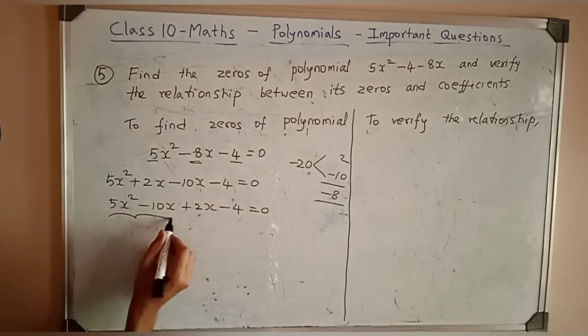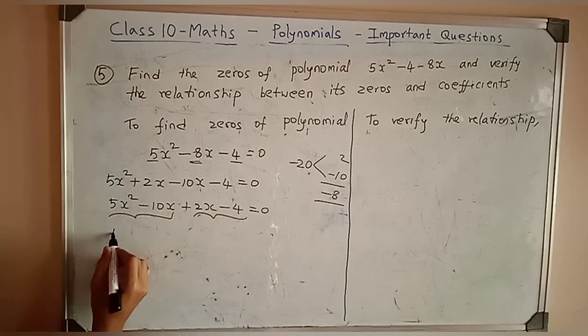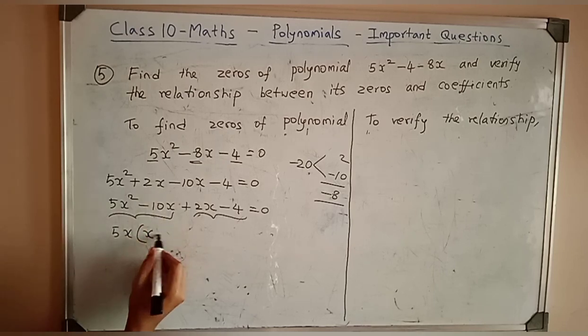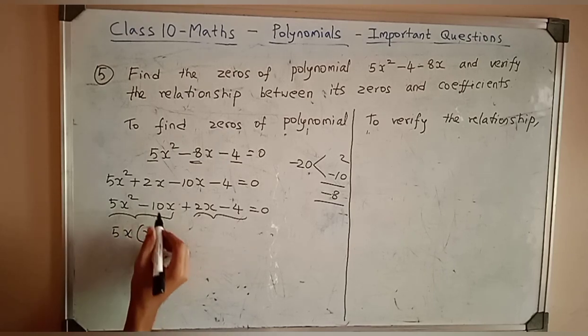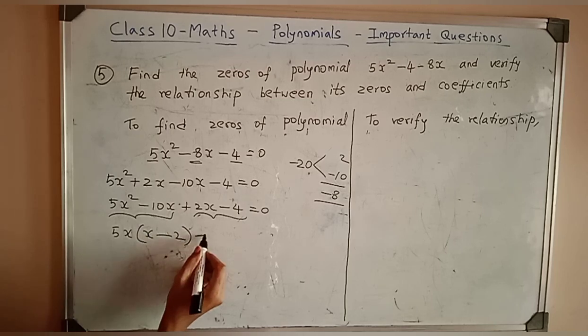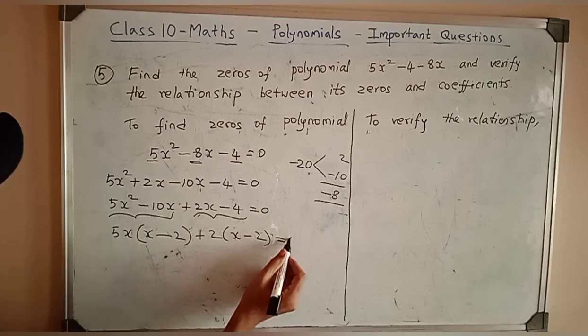Now taking common factor from 5x square and minus 10x, we get 5x is the common, remaining is x, and then here 2 into 5, 10. So we can put 2 here, x minus 2, and then here 2 is common, remaining is x minus 2 is equal to 0.